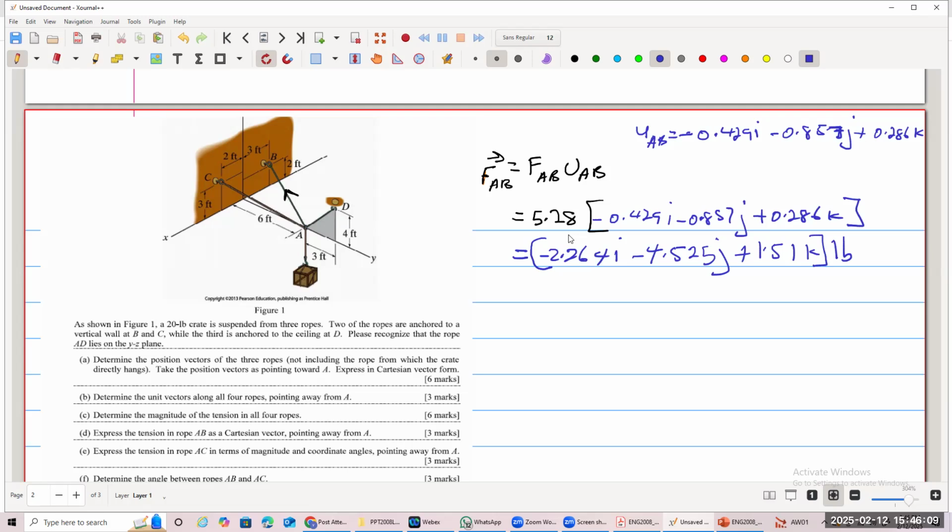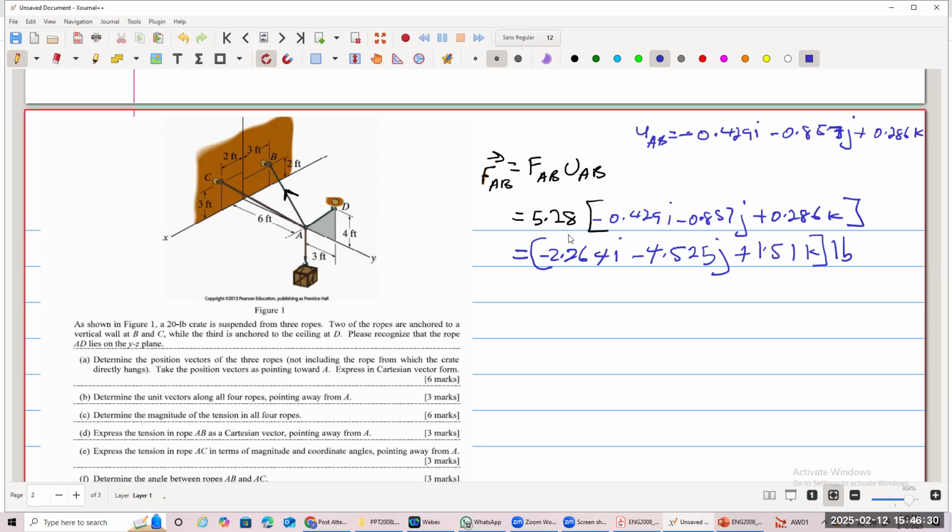All right, so the next one. They want us to express the tension in rope AC in terms of magnitude and coordinate angles, pointing away from A. So we need to find the Cartesian form of AC.